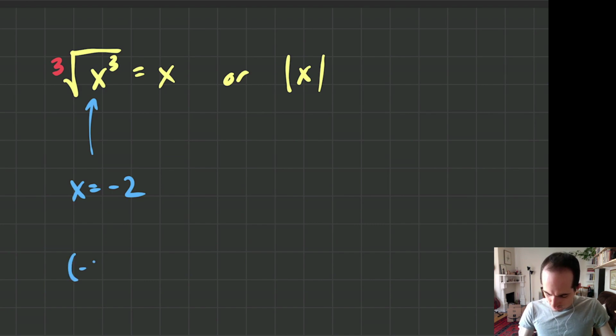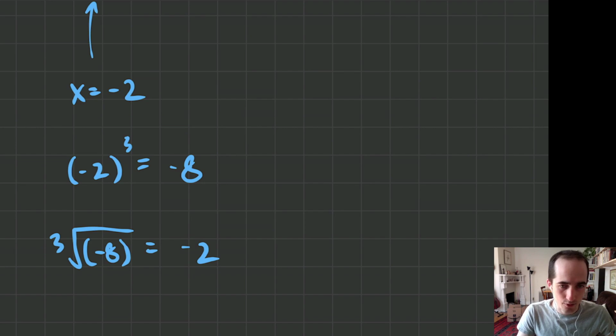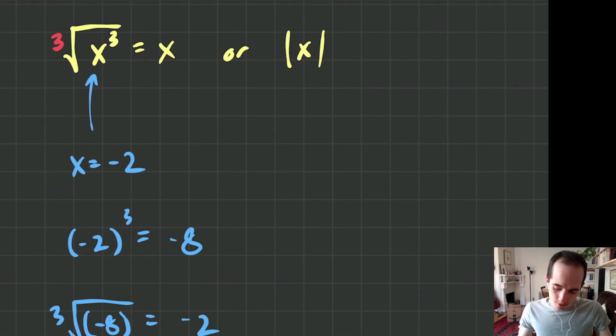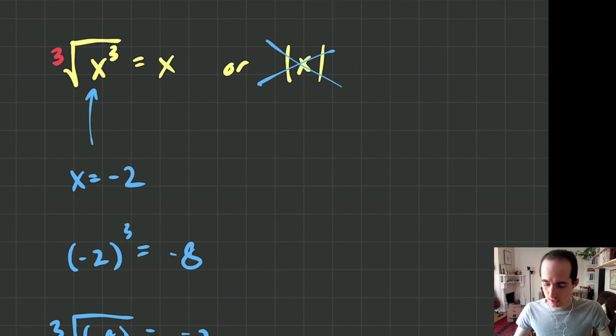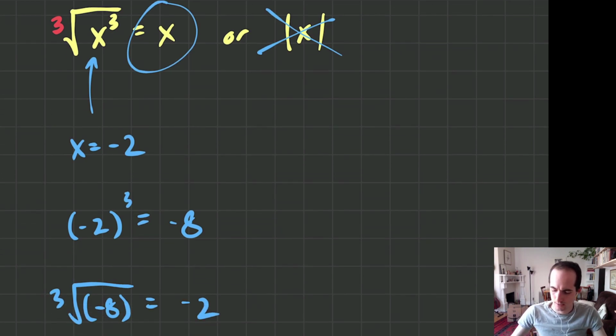Well, -2 cubed is -8, and then the cube root of -8 is equal to -2, because that's the number that when you cube it, you get -8. So there is no absolute value here because we actually do need the possibility for negatives. So in this case, the cube root of x cubed is just x. It's not absolute value of x. It's just x. Okay.